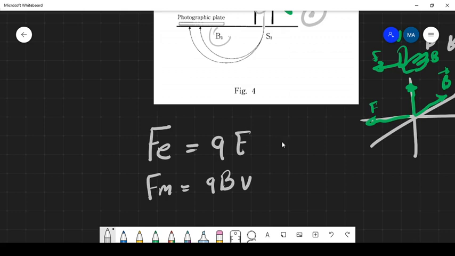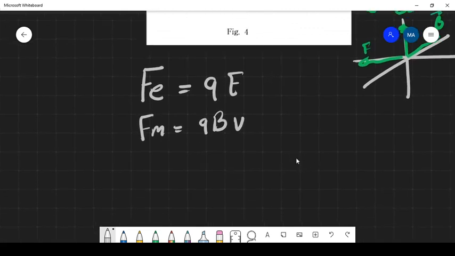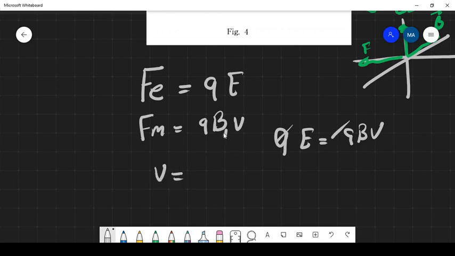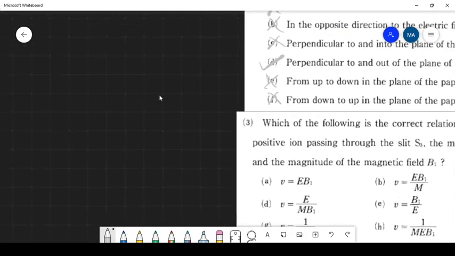So what are we going to have? We are going to have that Fe is equal to Fb, so qE is equal to qvB. The charge will cancel, and this is B1, okay? Not B2, B1. So v is equal to E divided by B1. Now let me see if he gave us this expression.